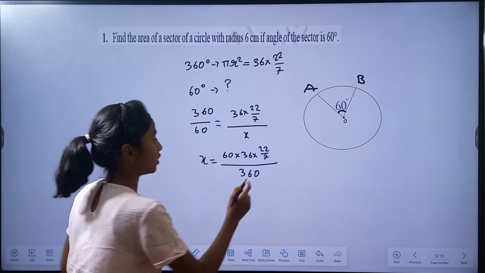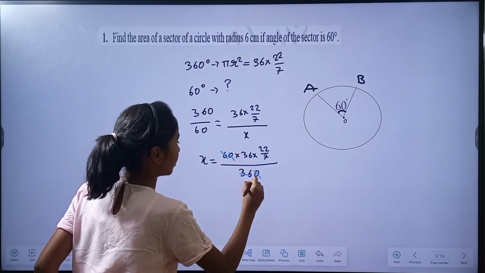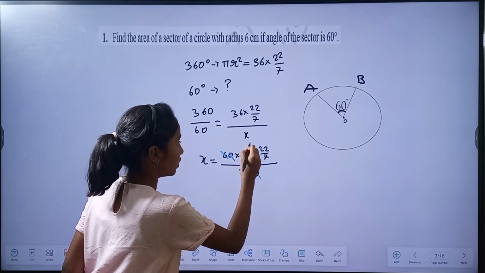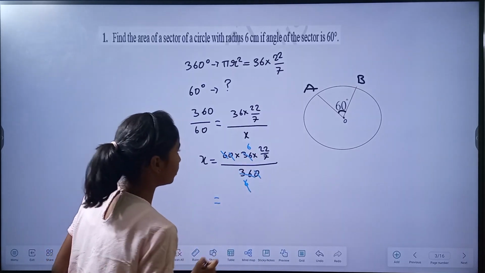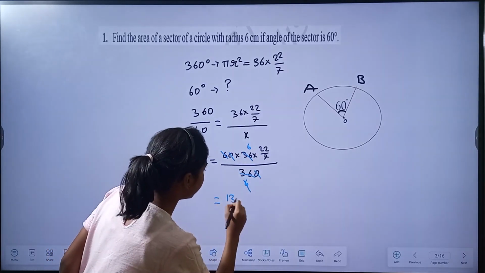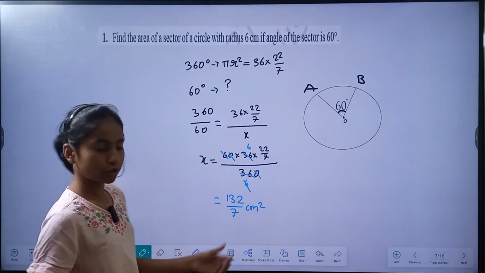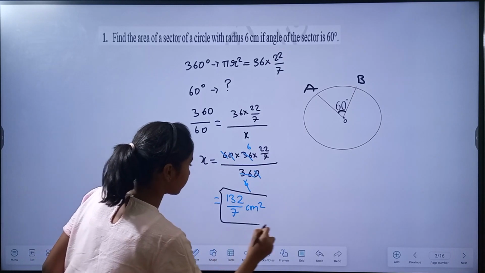We cancel the zeros, and 6 into 36 gives 6, and again 6 into 36 gives 6. So x equals 132 by 7 centimeter square.